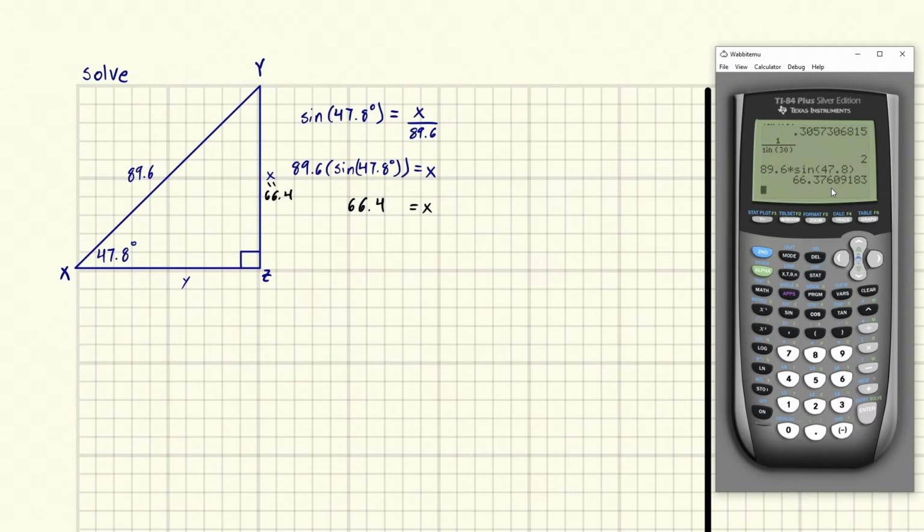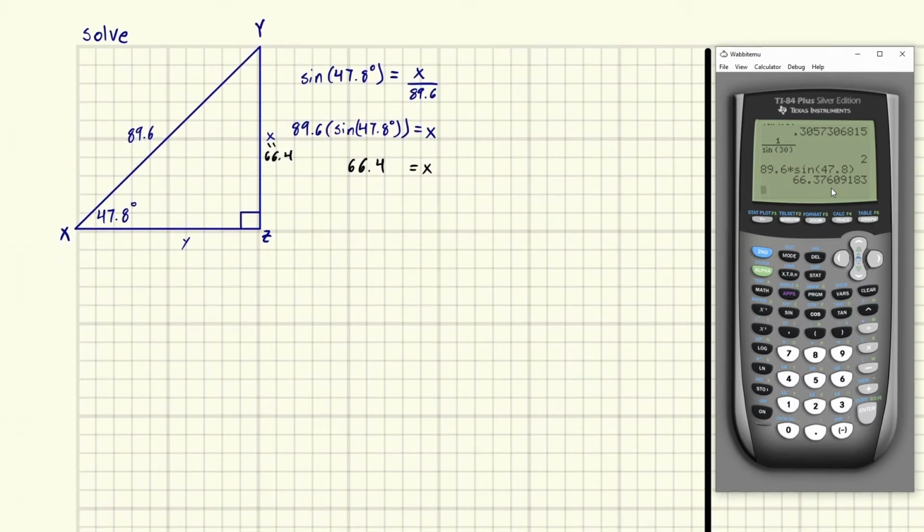Now, using the last side, we can use the Pythagorean theorem, or we can use another function. Doing both will allow us to check our answers. So let's do it both ways. We know that 66.4 squared plus y squared has to equal 89.6 squared by the Pythagorean theorem, which means that y squared has to be equal to 89.6 squared minus 66.4 squared.